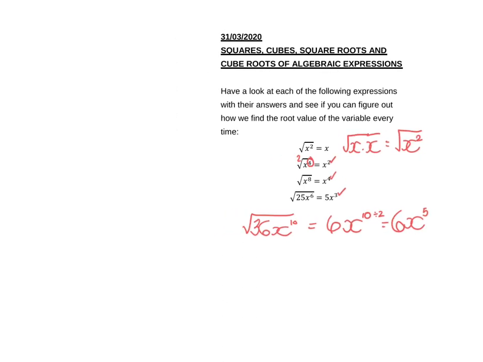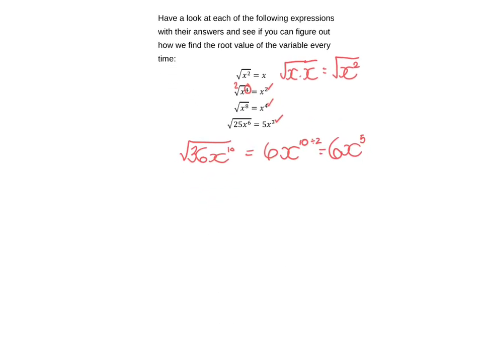So what if we have, let me just get the pen again here, a cube root. If I have a cube root, let's see here, the rule stays the same. You divide the exponent of the variable by the exponent of the root, in which case this time around we have the exponent of the root being 3.